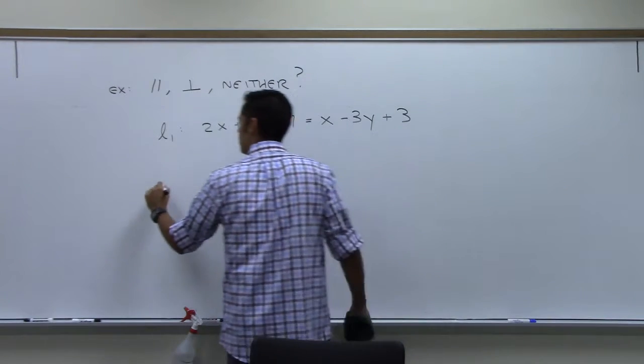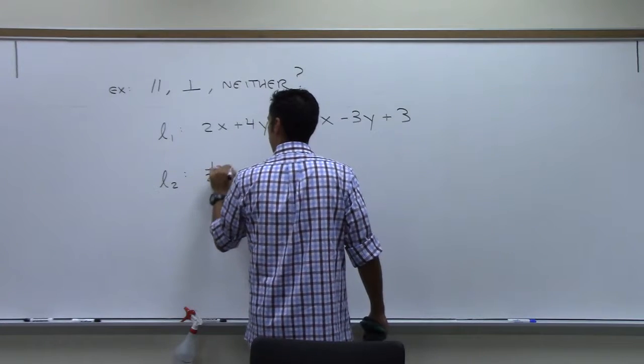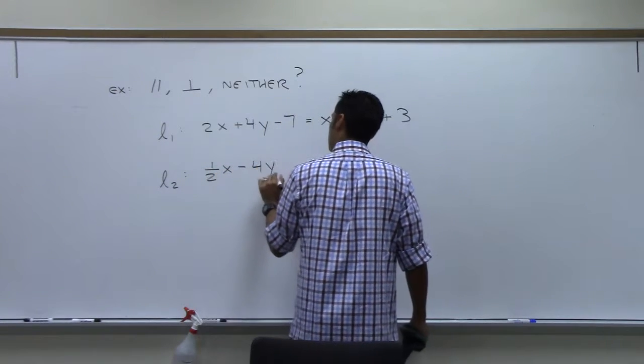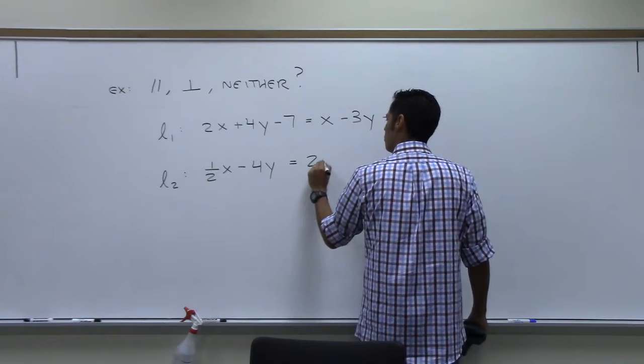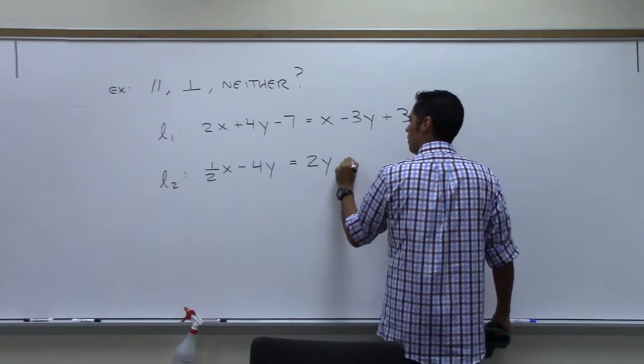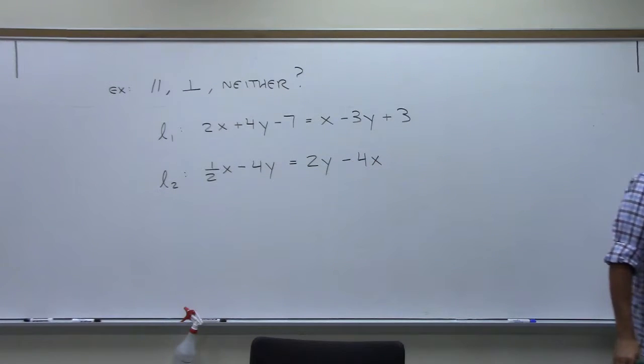And the other one, L2: 1/2 x minus 4y equals 2y minus 4x.